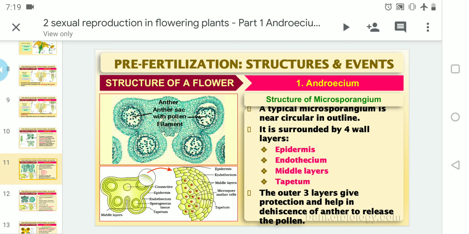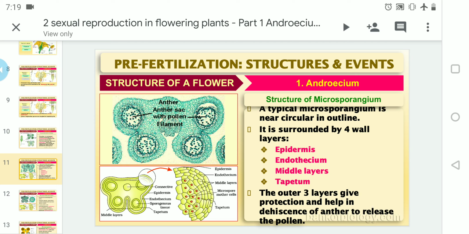See this structure enlarged: the outermost layer is known as the epidermis. After the epidermis, the next layer is known as the endothecium. Endo means inside, and thecium means layer. Then you can identify the middle layers, and inside them the tapetum.